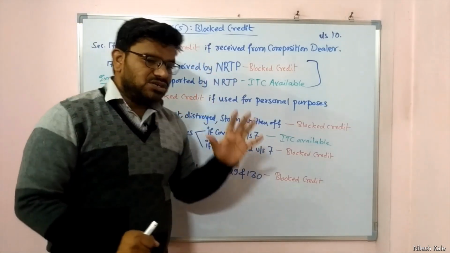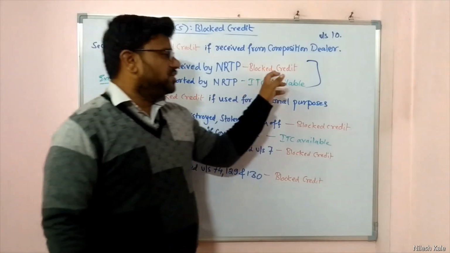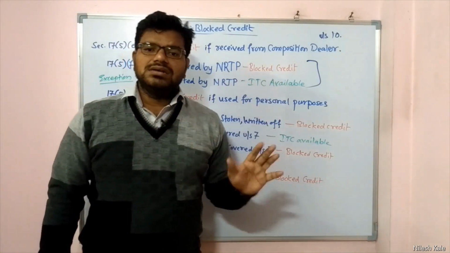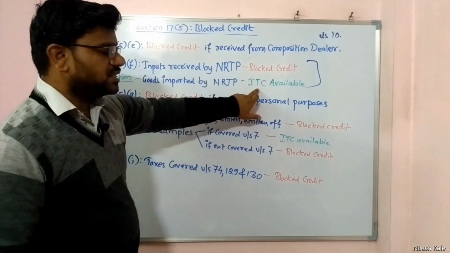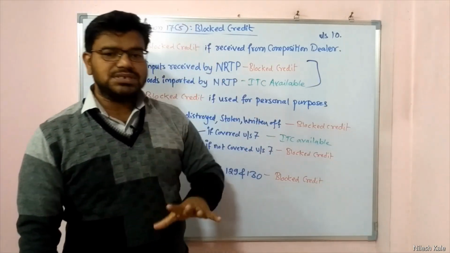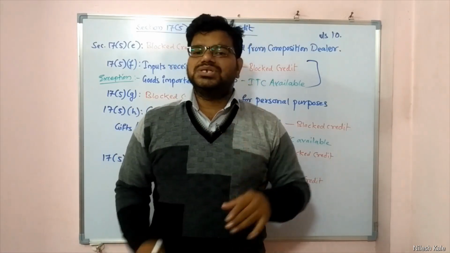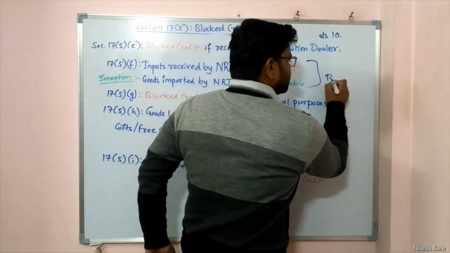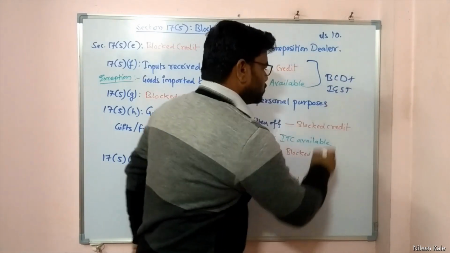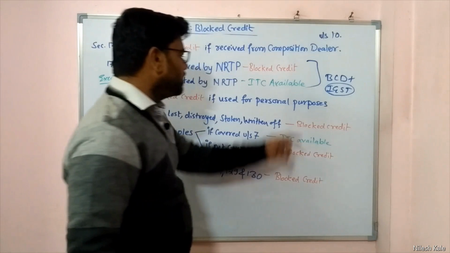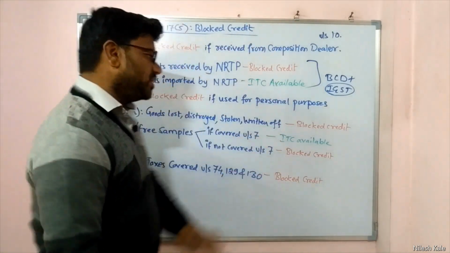If he is purchasing inputs in India, then it is blocked credit, he will not get any credit. But if he is importing any goods to India, then ITC is available. As you know, any person who imports has to pay IGST and BCD, that is basic customs duty, plus IGST, right? On this IGST, he will get the input tax credit. BCD, however, he has to pay definitely.